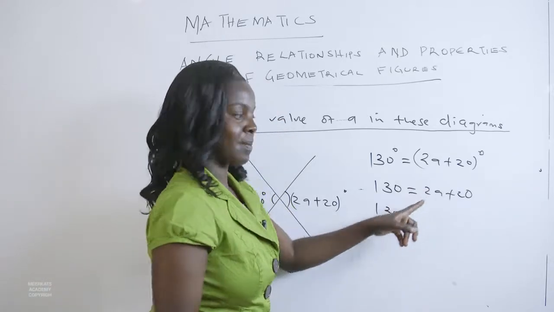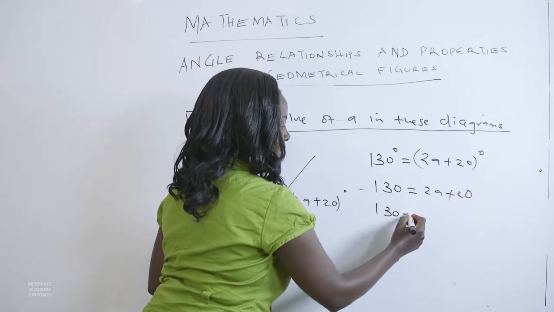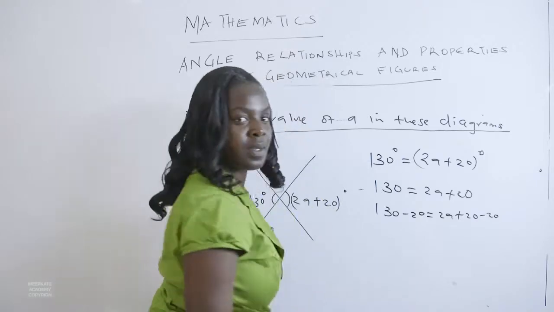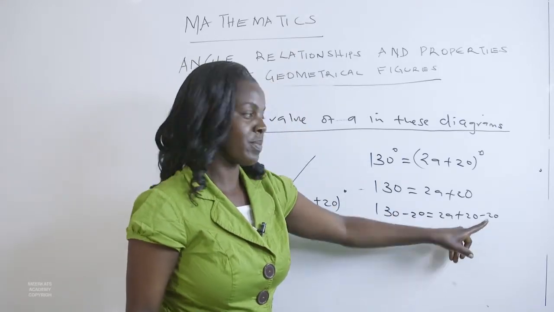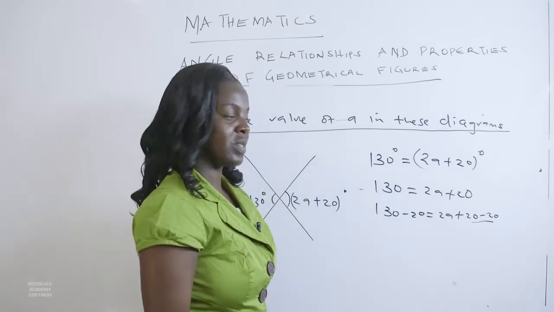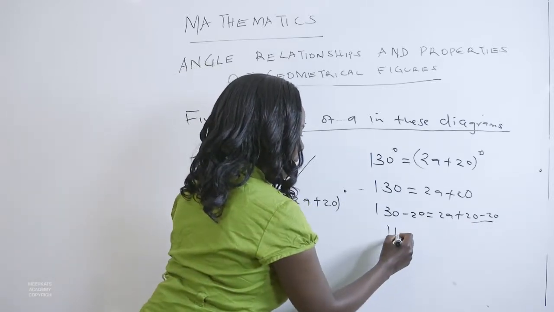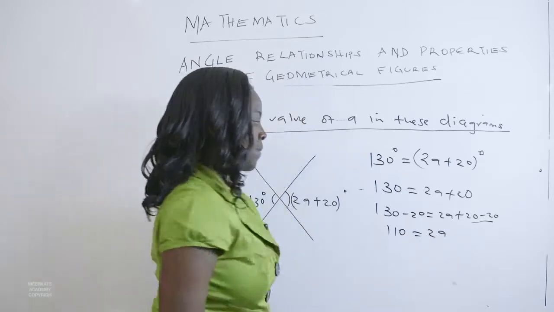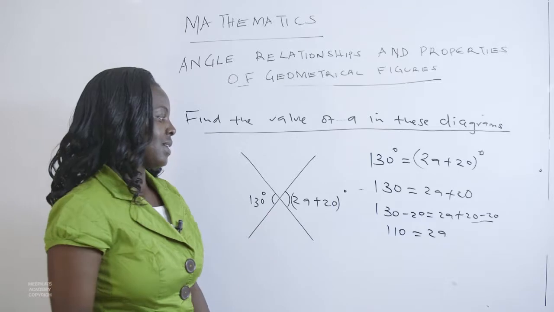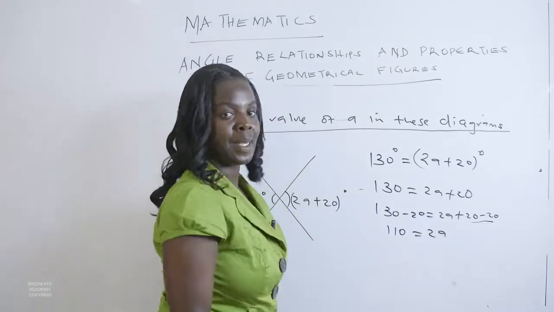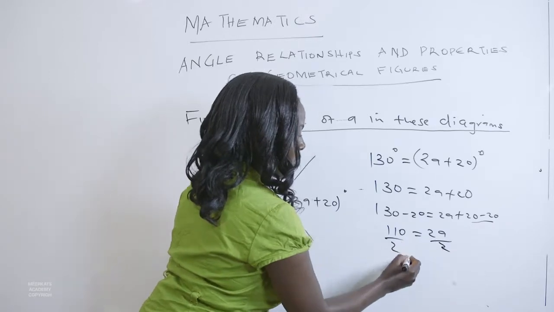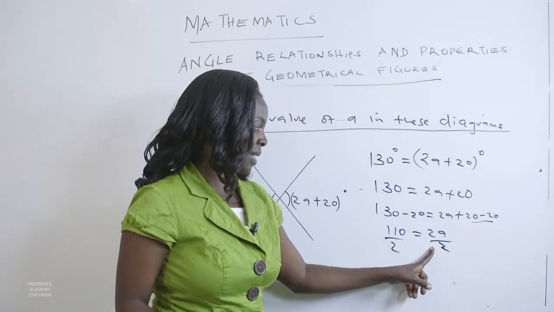So we will subtract 20 from this side so that we can eliminate 20 from this end. 20 minus 20 is 0. So 130 minus 20 will give us 110 equals 2A. Let us eliminate the 2 because we want to remain with A on this other end.